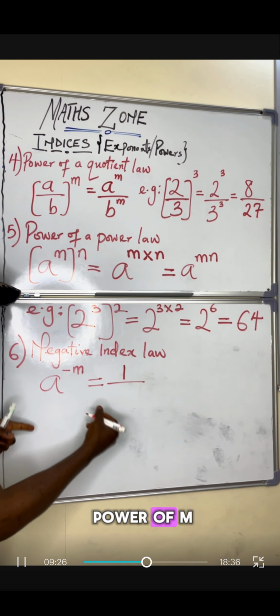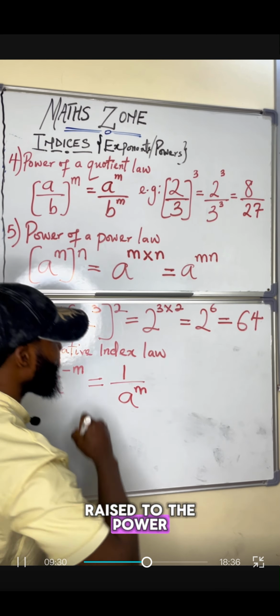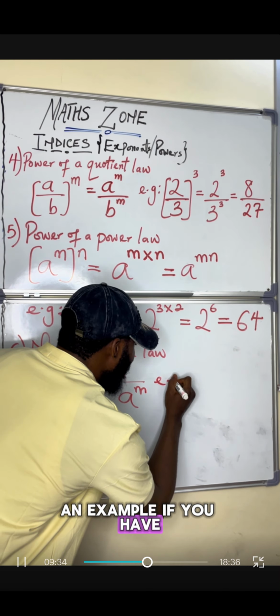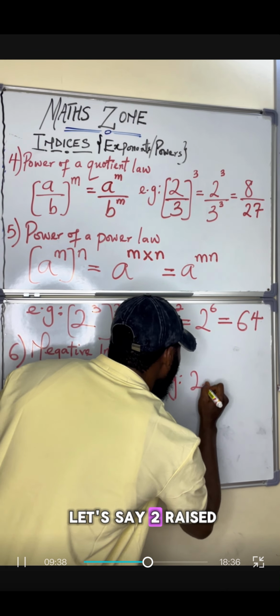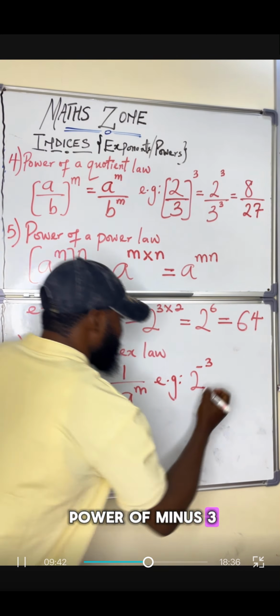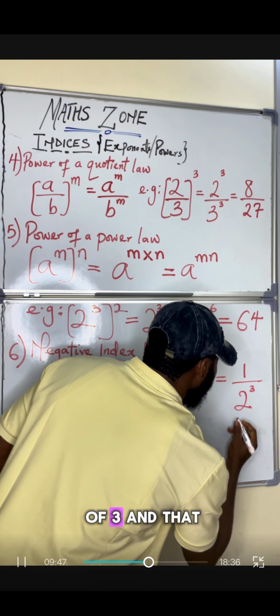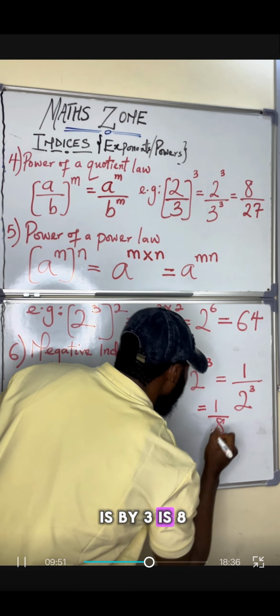A raised to the power of M. So we're going to have 1 over A raised to the power of M. Let me give you an example of this. If you have, let's say, 2 raised to the power of minus 3, that gives 1 over 2 raised to the power of 3, and that gives 1 over 8.